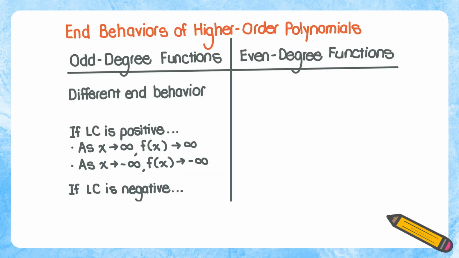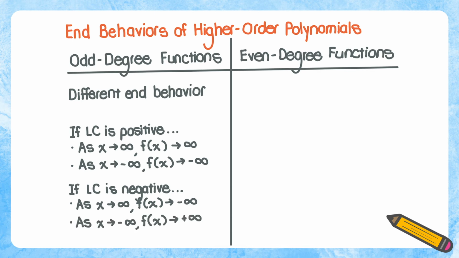So let's write this in our little chart right here. If the leading coefficient is negative, then as x approaches infinity, so as we go to the far right, f of x approaches negative infinity, we keep going down.